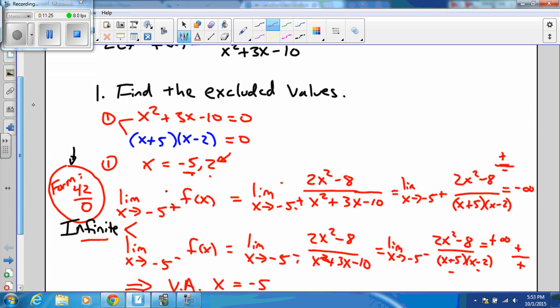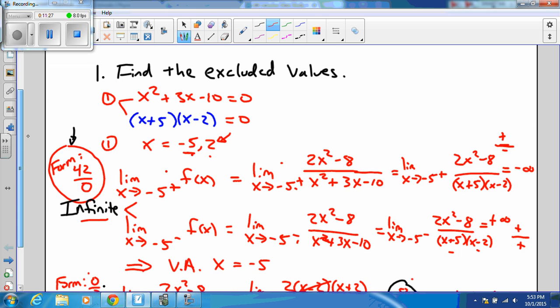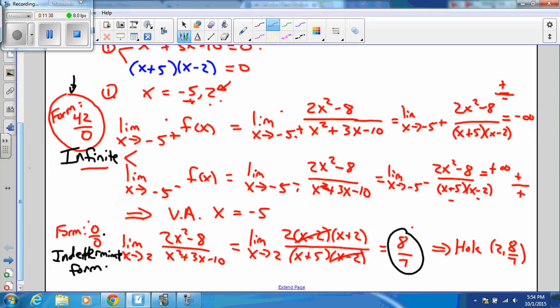Well, that was our analysis. This was actually worth a total of 7 points. Let me tell you what I was looking for. I was again looking to see that you found the excluded values by setting the denominator equal to 0, and that you correctly solved giving -5 and 2 for those values. Then I gave you 1 point simply for taking limits, right there. I gave you 1 point for taking limits, right here.